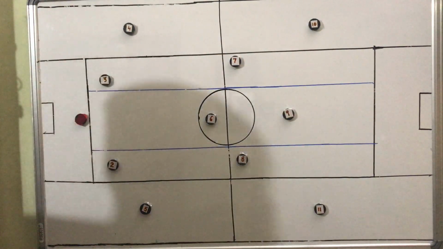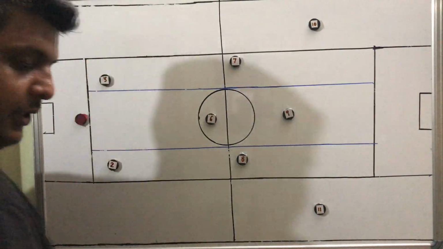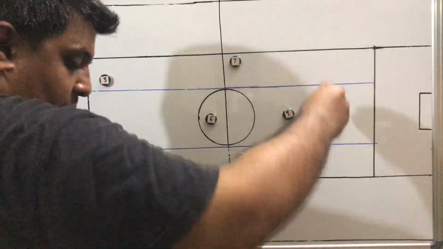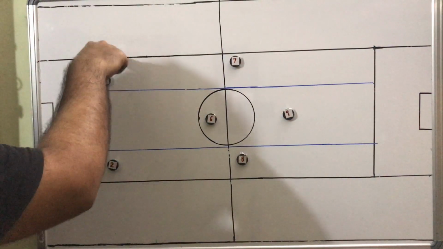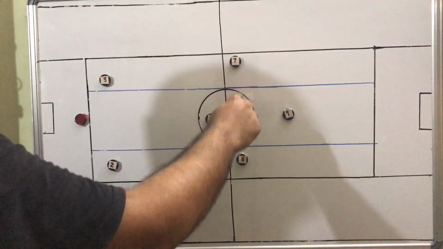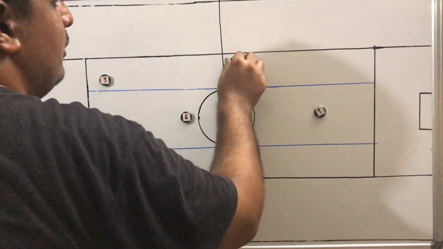Now, when we're playing 7v7, what happens is, like I showed you in the other video, these 2 players have gone out, and for us, these 2 players have gone out. So when we're playing 7v7, it becomes the job of these players to cover extra areas. Right? So this is what we see then.